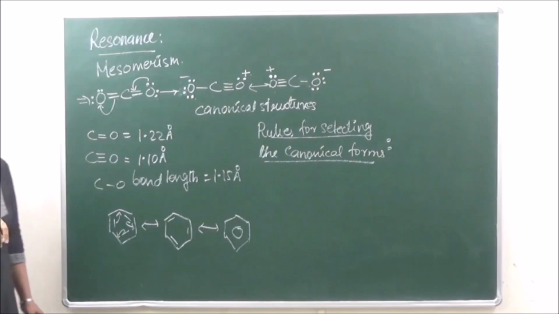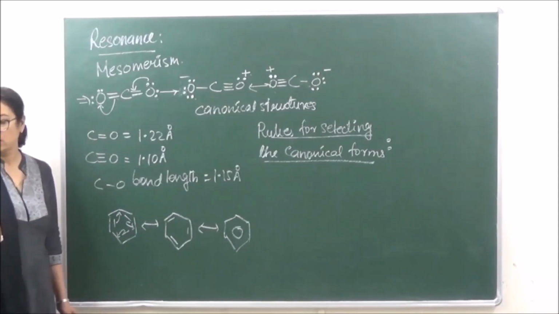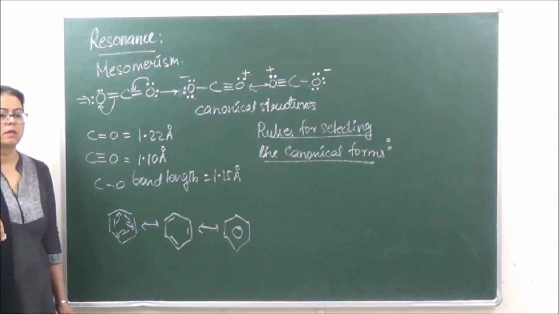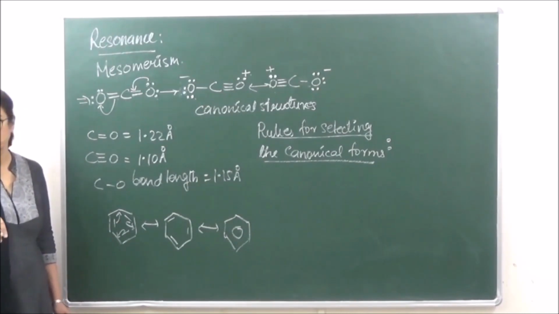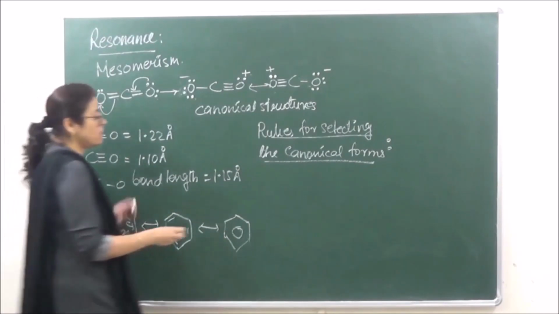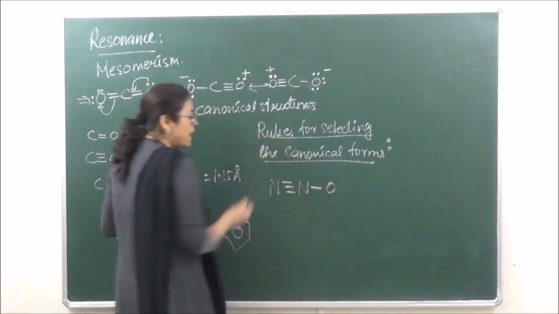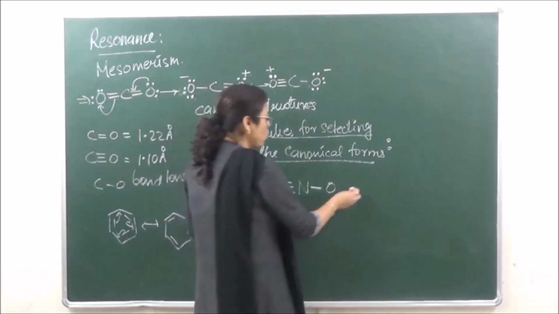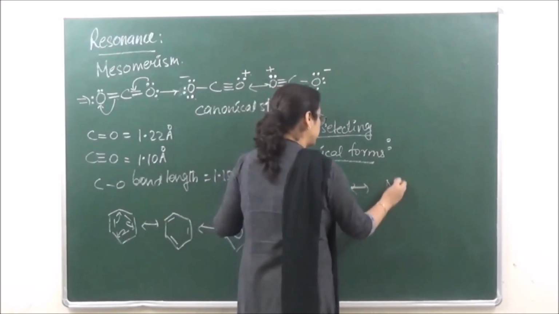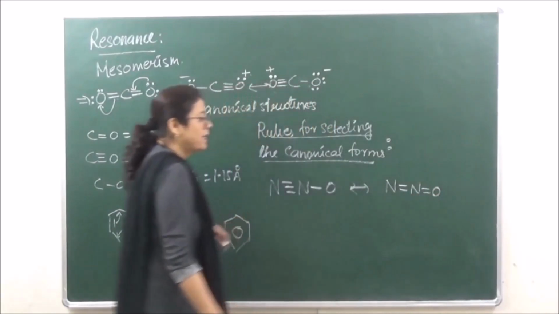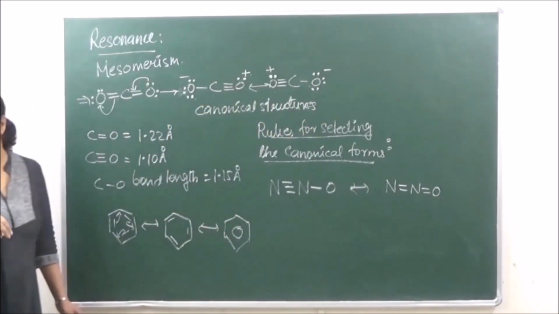The formal charges on atoms in a molecule helps in choosing the most stable structure. For example, if we are having two resonating structures of N2O, right? Let's say these are the two resonating structures of N2O.